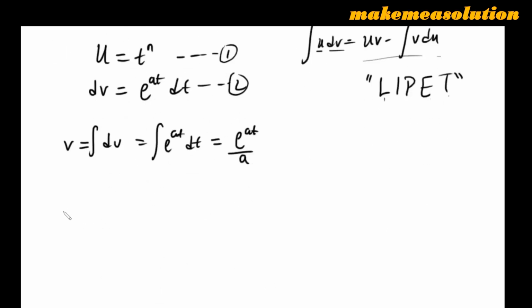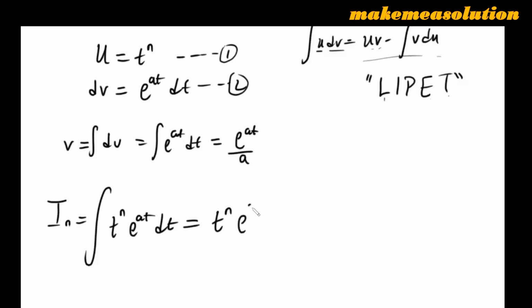Now, my answer to I of n, which is the integral of t raised to the power of n exponential at dt, will be my u, which is t raised to the power of n, according to what we said here. Then my v is going to be exponential at all over a, minus the integral of v, which is exponential at all over a.